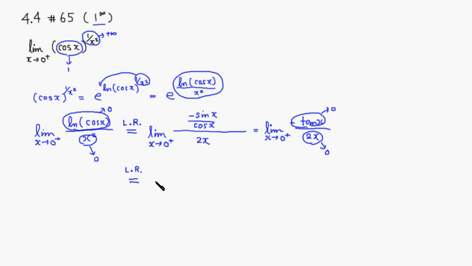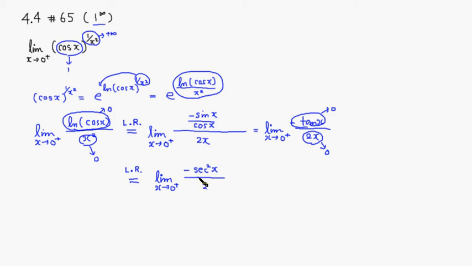We still have the limit as x approaches 0 from the positive side. Take the derivative of negative tangent, which is negative secant squared of x, and the derivative of 2x is just 2.